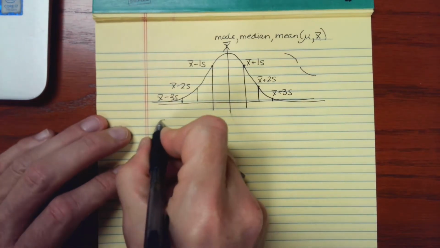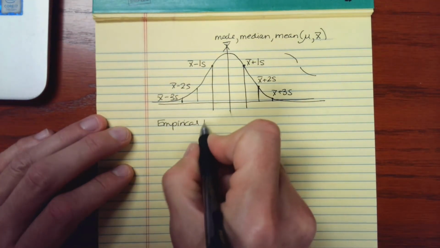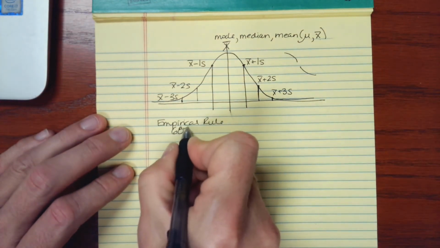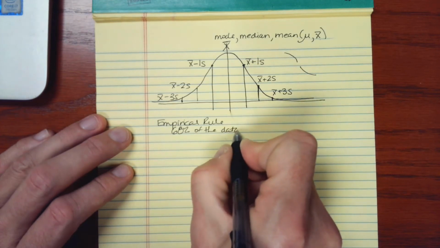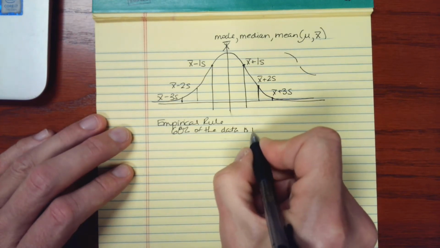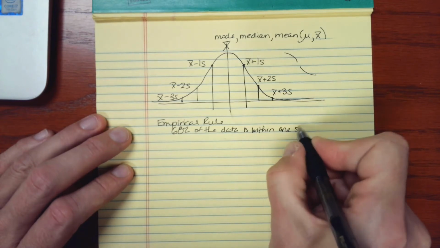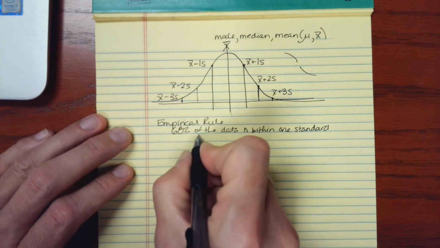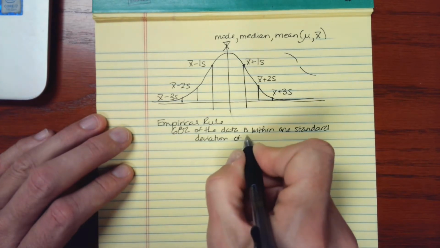So the empirical rule says that 68% of the data is within 1 standard deviation of the mean.